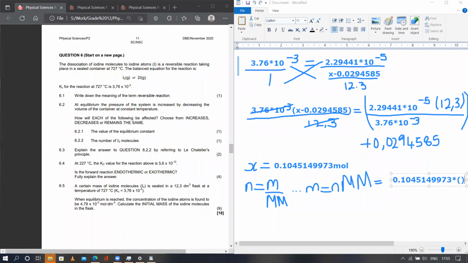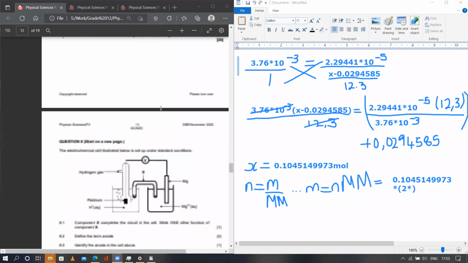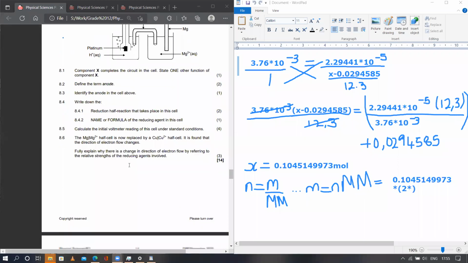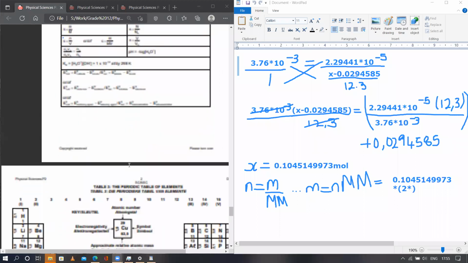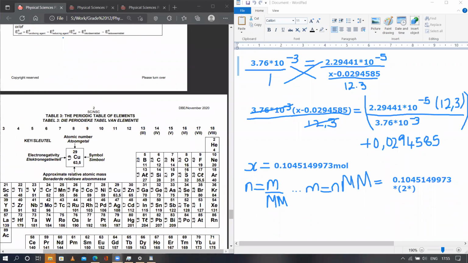So that's going to be 2 times, you're going to go to your periodic table, which they've given you, and look for iodine.